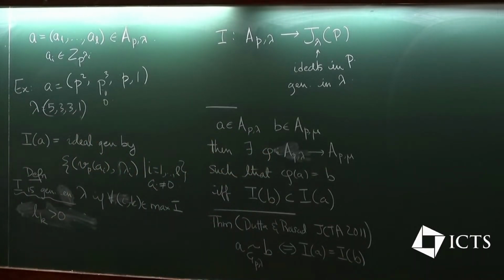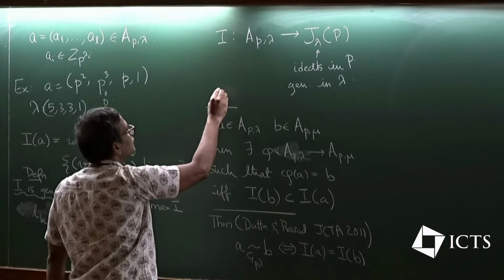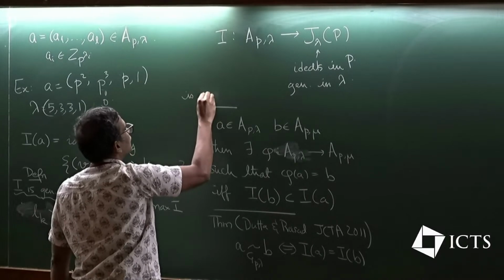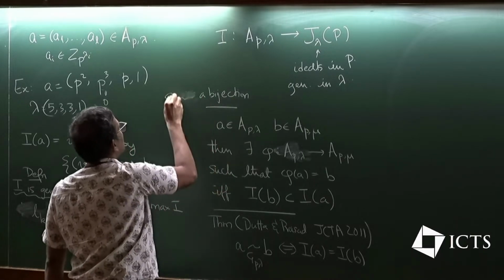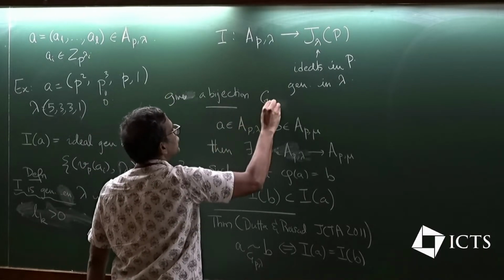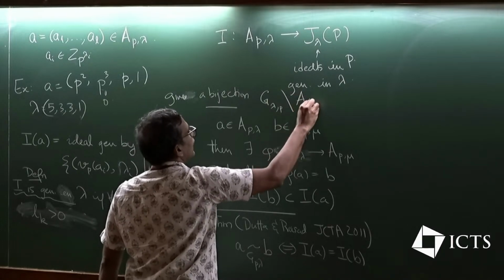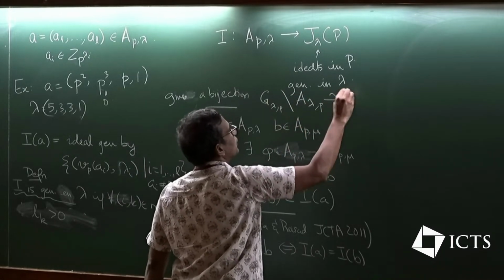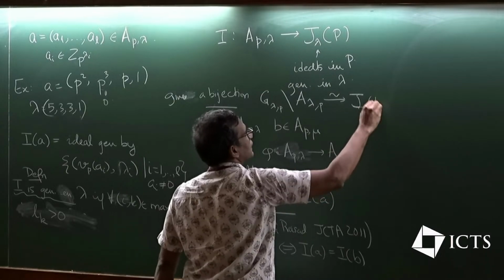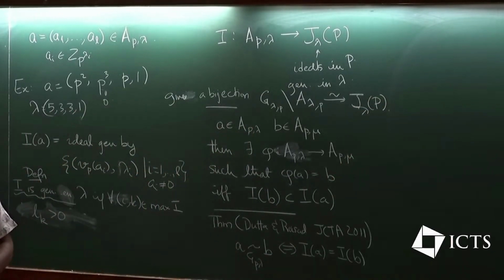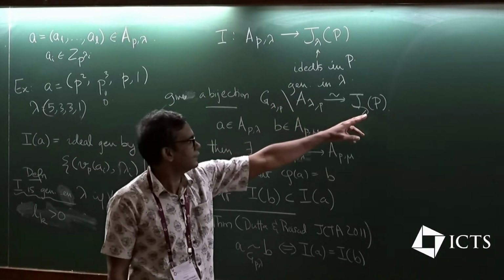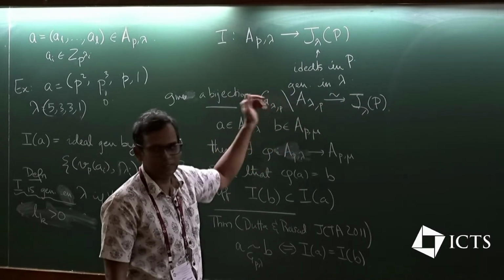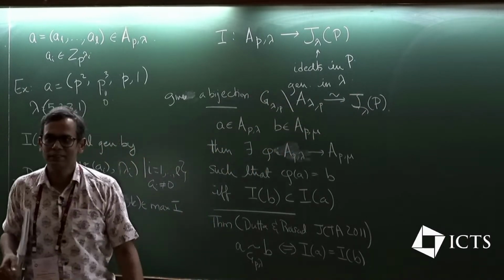Okay, so what we're saying is that this map gives rise to a bijection from G_lambda(P) mod A_lambda(P) to J_lambda(P). And in fact, it's a bijection that respects degeneration. So if an ideal here is contained in an ideal there, then those orbits degenerate to each other.